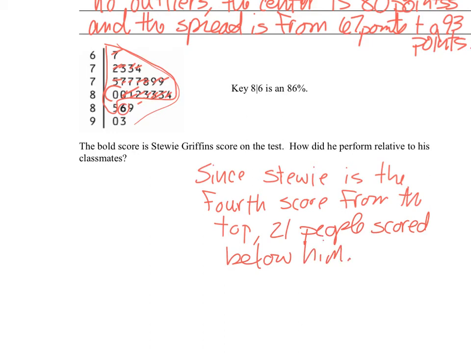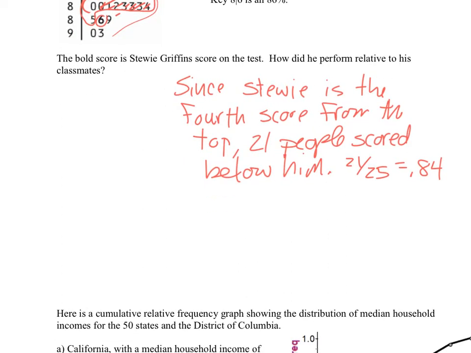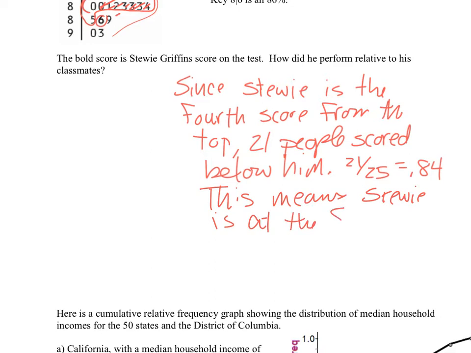In other words, 21 divided by 25 is 84%. That means Stewie is at the 84th percentile. So essentially we say, 21 people scored worse than him, 21 out of 25 is 84%, so he would fall at that 84th percentile.